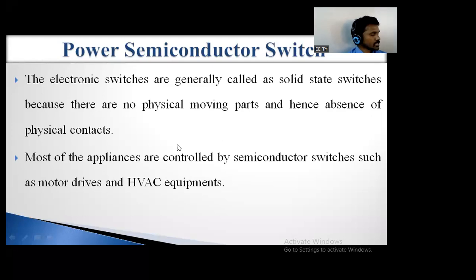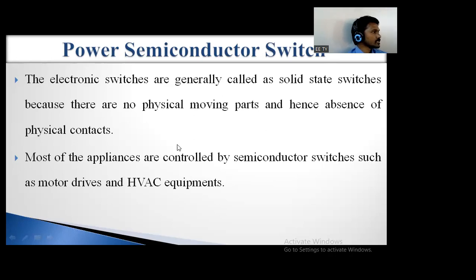Is it right? So in the same way here also, power semiconductor devices are called solid state switches because these do not have any rotating or moving parts. Is it right? Like mechanical switches, what happens? There is a moving part. We can move it forward, backward.